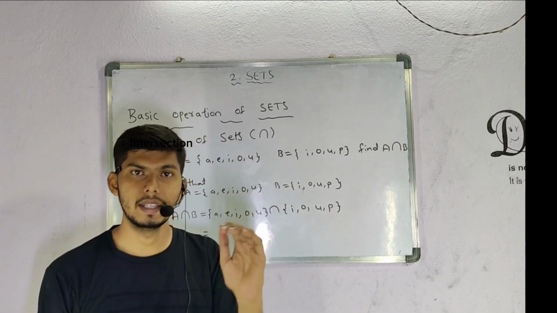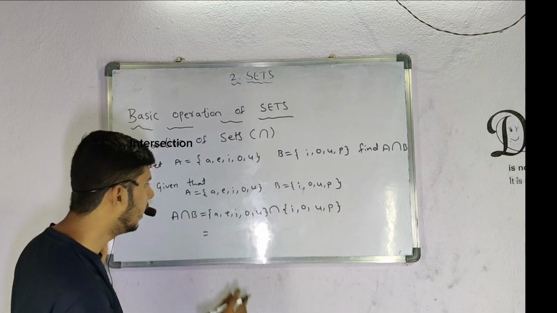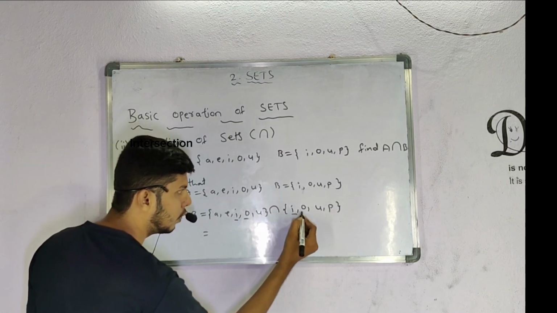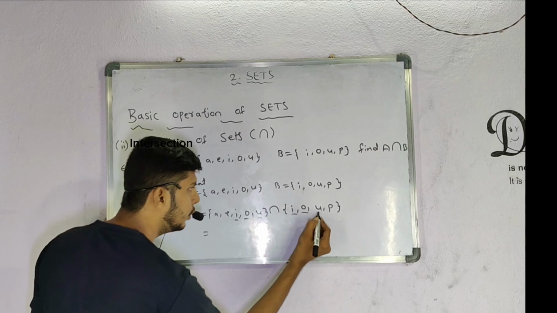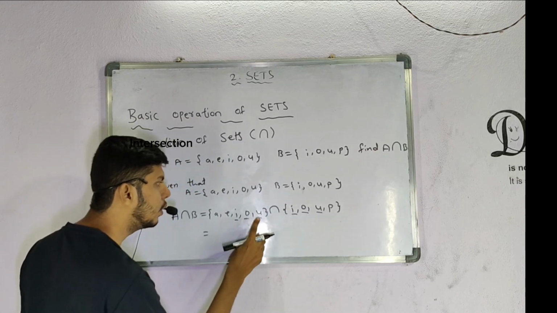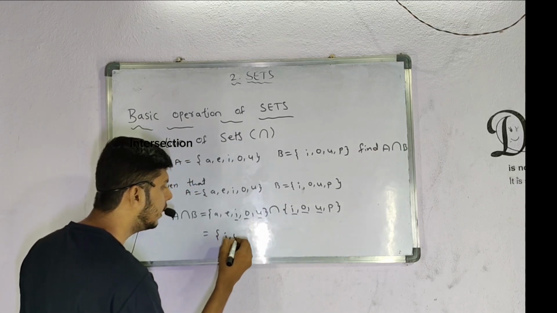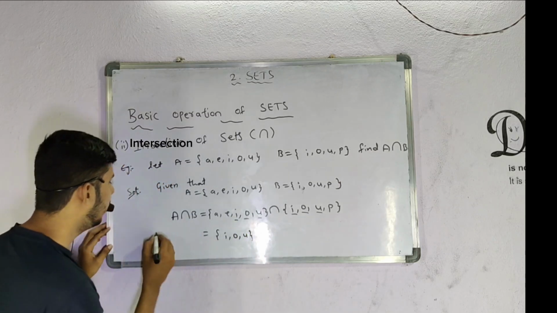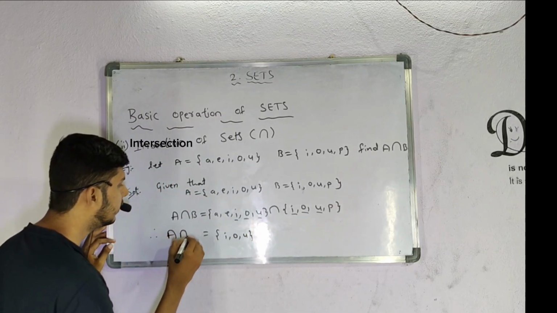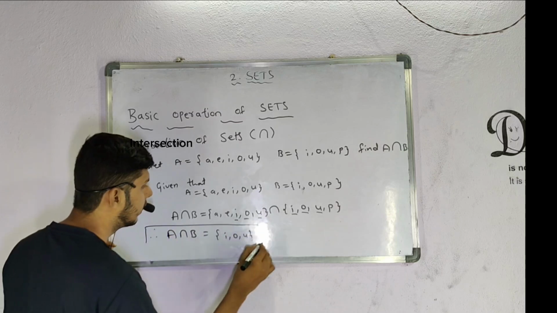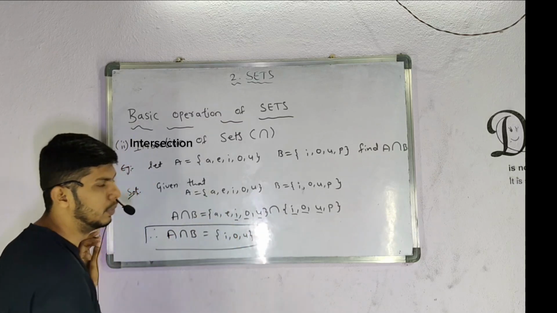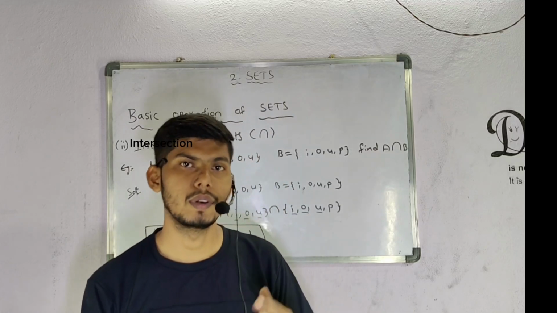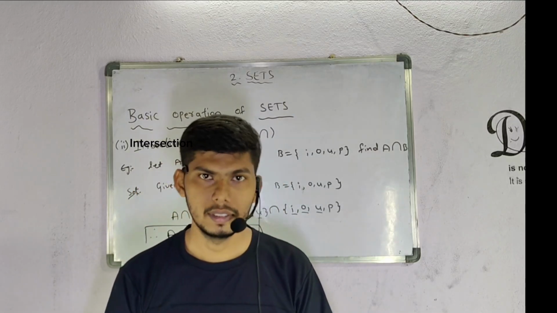We have to write only those. Here see, I is there, O is there, and U is there. So I, O, U are the common elements in both sets. That's why we can say that A intersection B is I, O, U. This is the process of finding the intersection of sets.